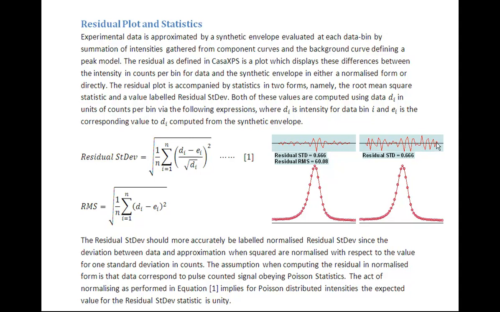And this is an indication that this curve that fits the data is fitting the data equally across the entire energy range. So the maximum and the background are fitted with the same weight. So a residual standard deviation or a chi-square tends to fit the data evenly across the entire interval, whereas in the case of a root mean square, the emphasis is placed at the peak maximum.